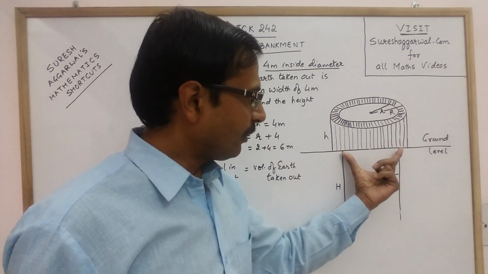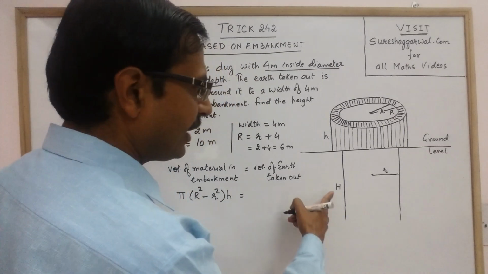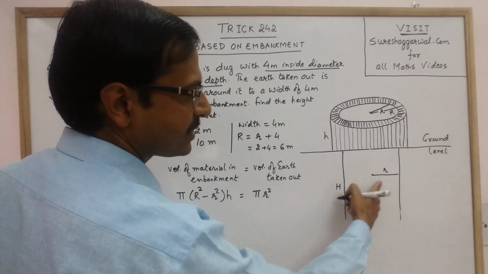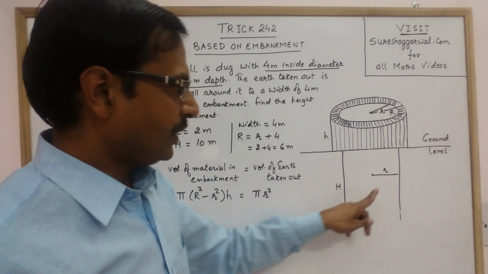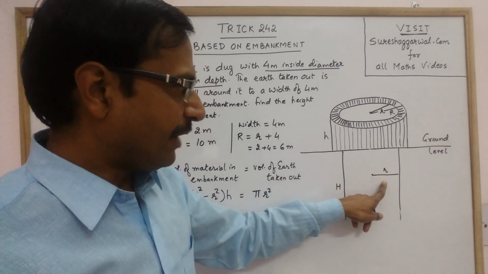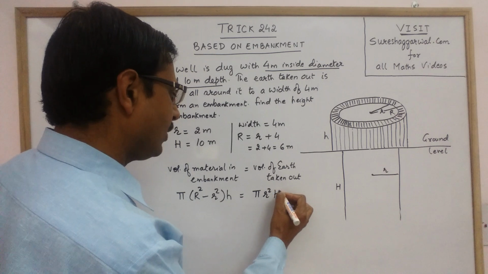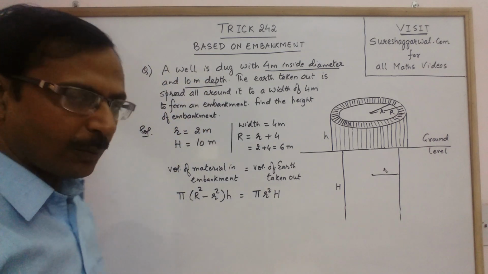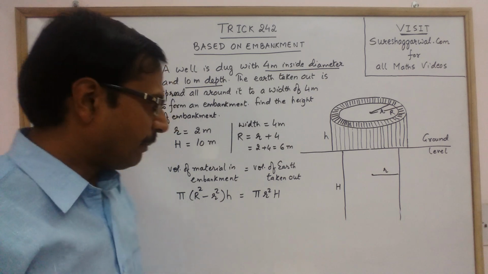Now see, this is the volume of the well. So here we have a different height. So pi r square, because this small r is the radius of the well and H is the height or the depth of the well. So I have written the exact formula which is required to be applied here.